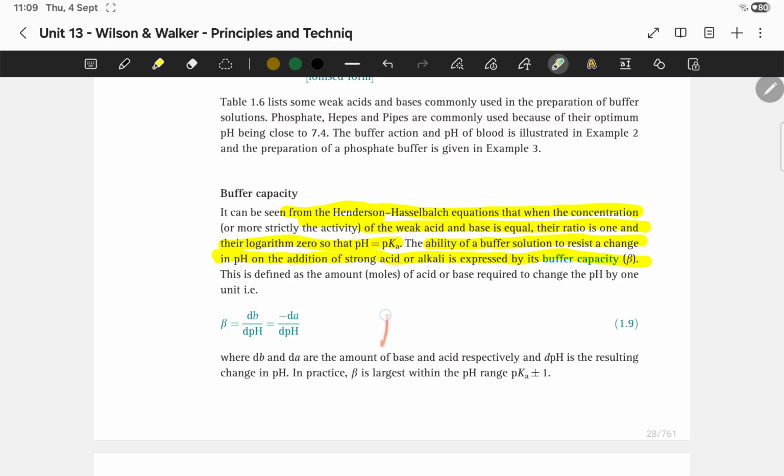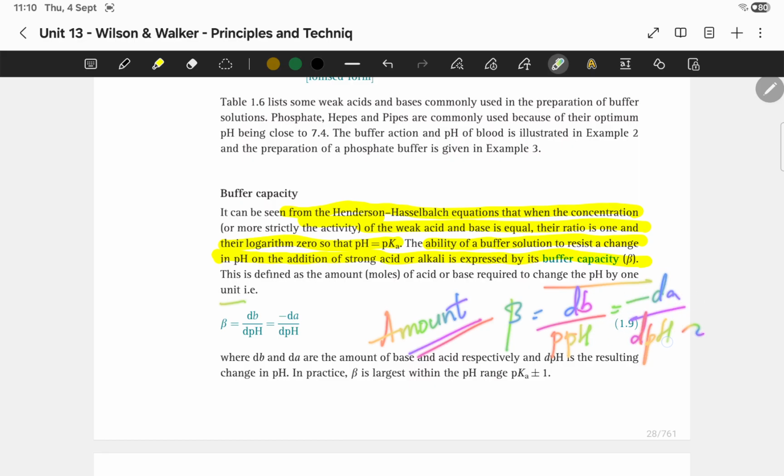How much amount of acid and base will we add so that the pH changes by 1 unit? So beta is equal to dB upon dpH and minus dA upon dpH. So dB and dA are the amount of base or acid respectively, and dpH is the resulting change in pH.